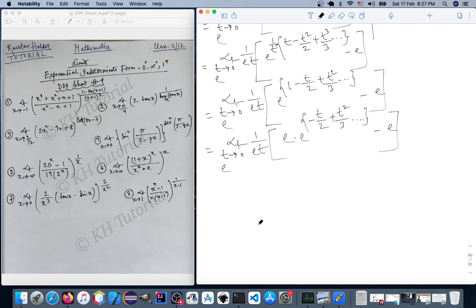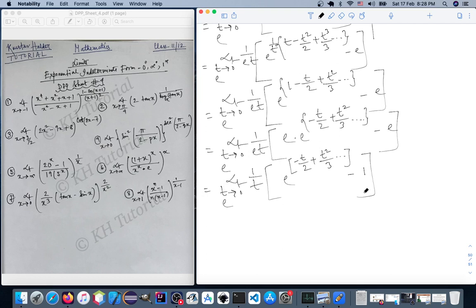Then we take e common, bring it out, and it gets cancelled by the outside, and it becomes 1 by t, e to the power minus t by 2 plus t square by 3 and so on, minus 1. So we have e to the power something and minus 1.